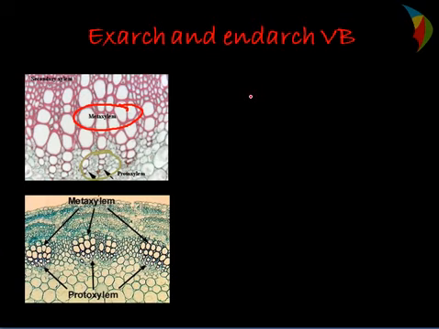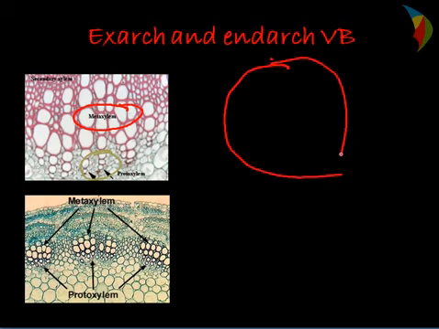That means in case of endarched type of system, we have the metaxylem in between. Then in the periphery we have the protoxylem. This is the arrangement of xylem.